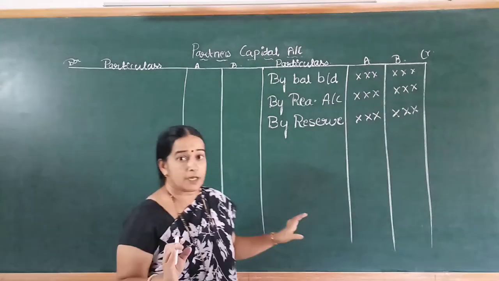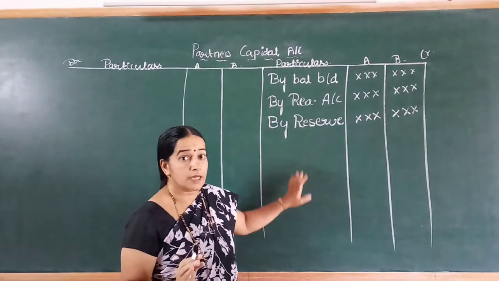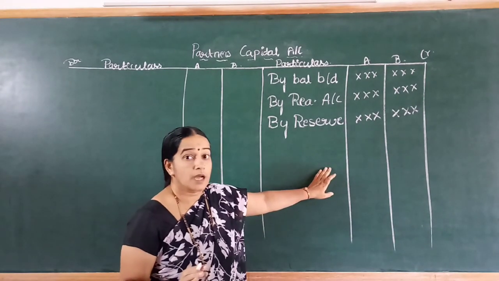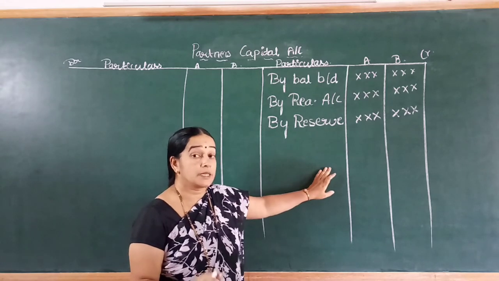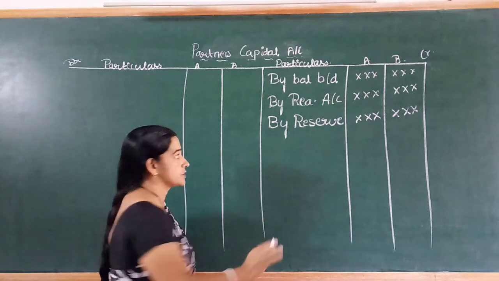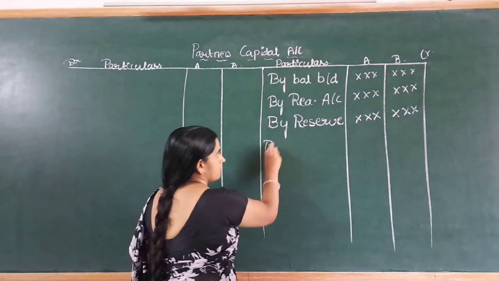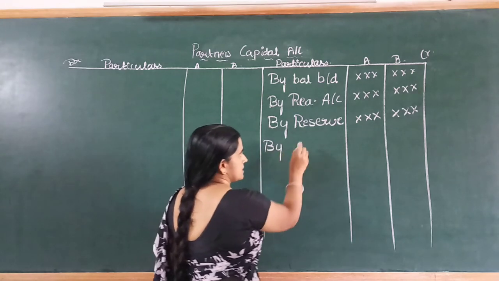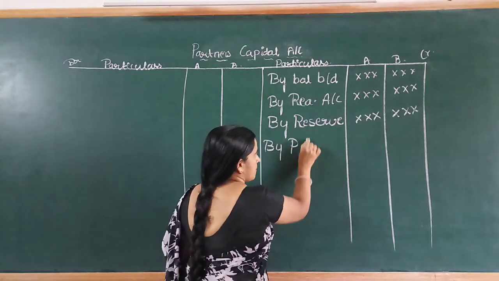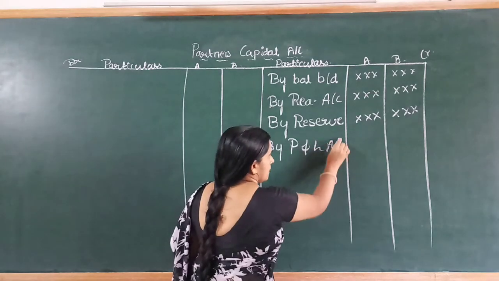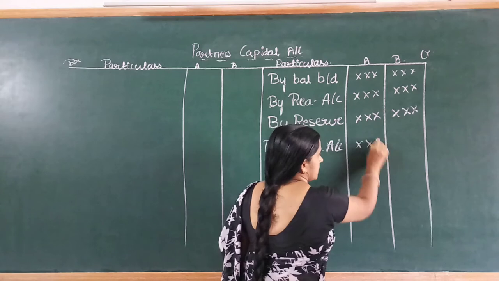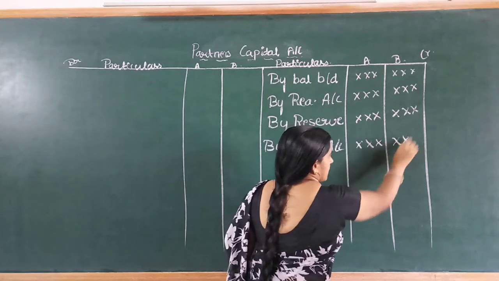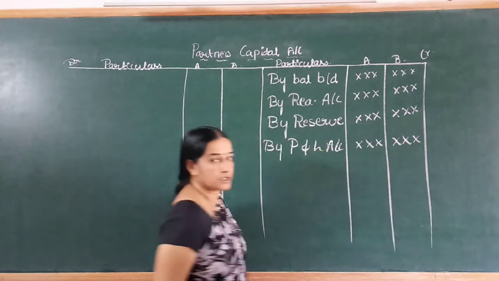If the profit and loss account is on the liability side, we have to distribute that undistributed profit in their profit sharing ratio. What is the entry for the undistributed profit? By profit and loss account, and it will be distributed among the partners in their profit sharing ratio.